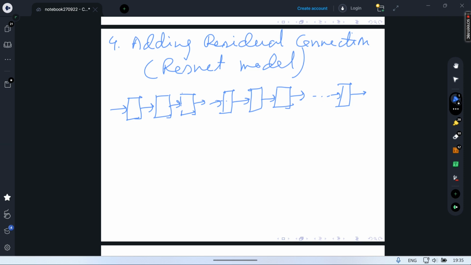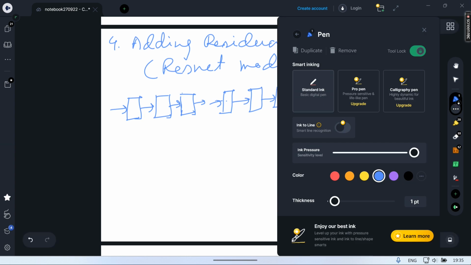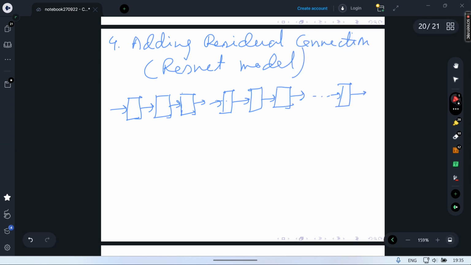The gradient is not properly propagated from the upper layer to the lower layer. So in this way the gradient gets propagated. Now if the network is very deep, then in between the gradient might vanish, so it becomes close to zero.